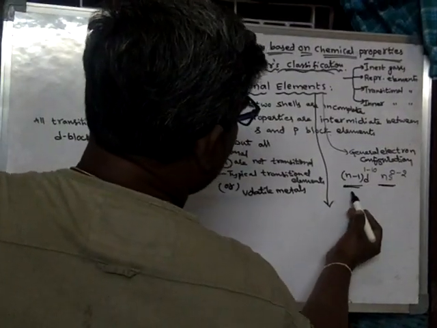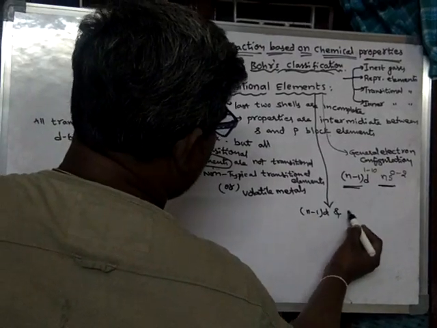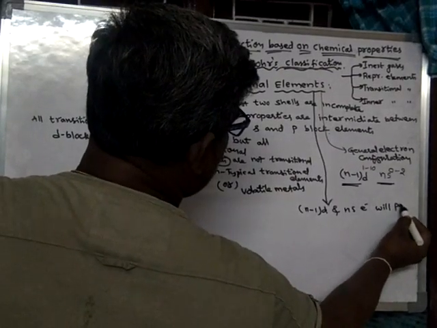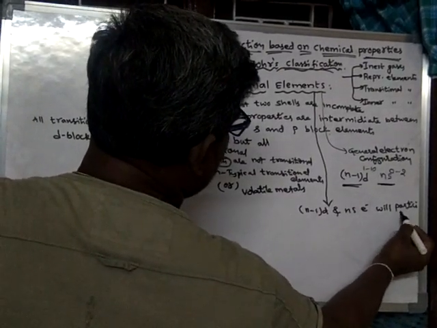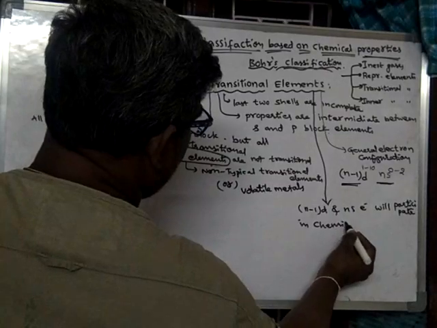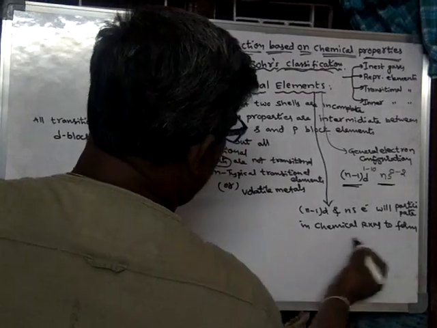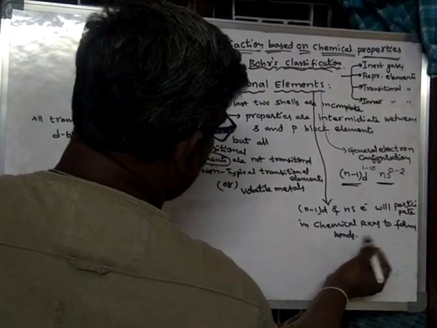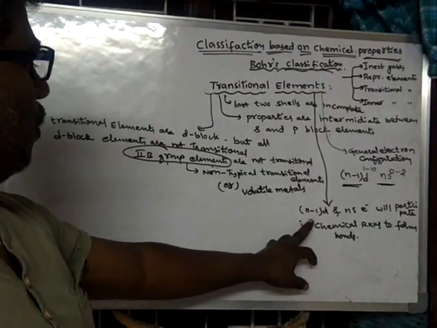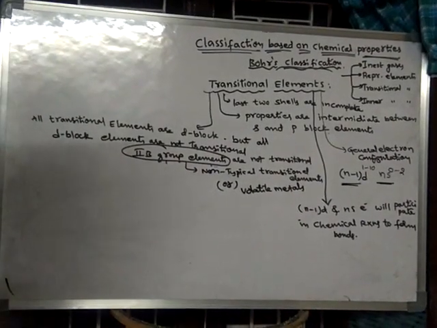That means N-1 d electrons and Ns electrons will participate in chemical reactions, to form bonds.